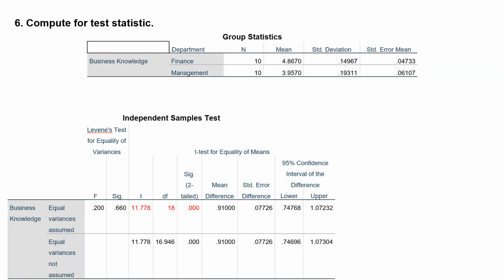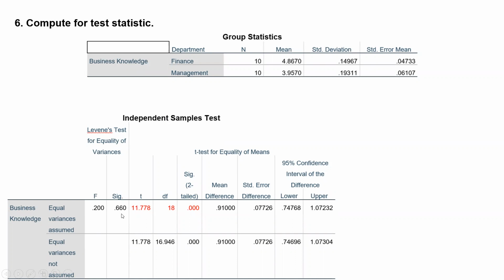The independent samples test. And if you could see, shall we report the first row? Shall we report the equal variances assumed or the equal variances not assumed? We will, because if you could take a look at the Levene's test, this one is larger, no?